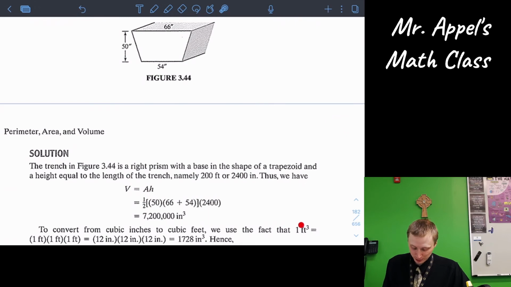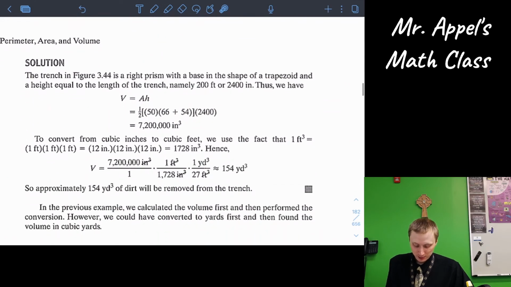7,200,000 cubic inches. To convert from cubic inches to cubic feet, we use the fact that 1 foot cubed equals 1 foot times 1 foot times 1 foot, and convert each foot into inches, which is 12 inches, so we're replacing each factor with its inch equivalent, so 12 times 12 times 12, for a grand factor of 1,728 cubic inches. Hence, the volume is 7,200,000 inches cubed.